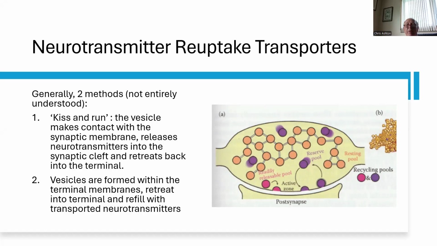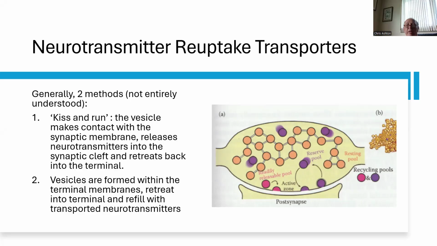And what we're talking about here is vesicle circulation, recycling. And so the kiss and run says they touch, they fuse, release, and then drift back into the presynaptic terminal to refill with dopamine. That's the kiss and run hypothesis.